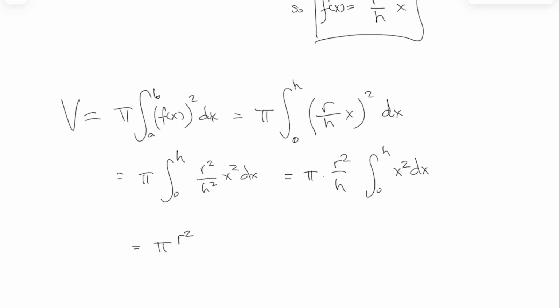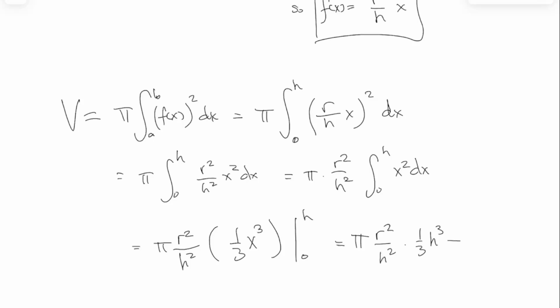So I do the integral. So pi r squared over h squared on the outside. I left out the squared there. And then doing the antiderivative gives me 1/3 x cubed, and I'm going to evaluate at 0 and h. All right, plug in the h. I get pi r squared over h squared times 1/3 h cubed. Subtract. Plug in 0. Actually, when I plug in 0, I'm going to get 0 for everything, but I'll write it out.